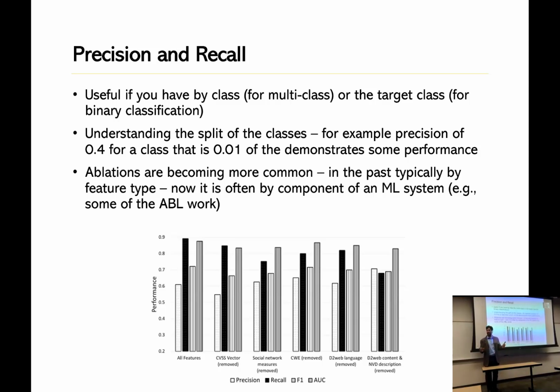And when you write about your results, there are interesting things to note. For example, out of all of these, for recall, when you remove the social network features, the recall drops quite a bit. The precision doesn't really change a whole lot when you do that.